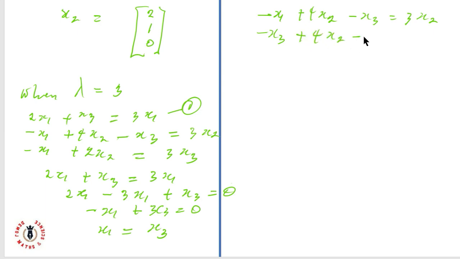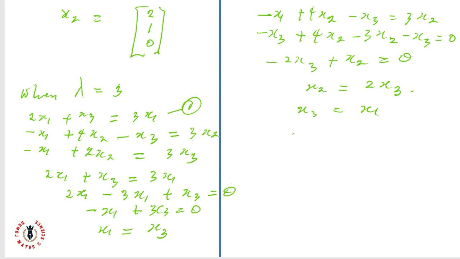Let's collect like terms alongside: minus 3x2 minus x3 is equal to 0. So that this becomes minus 2x3 plus x2 is equal to 0, so that x2 invariably is the same thing as 2x3.